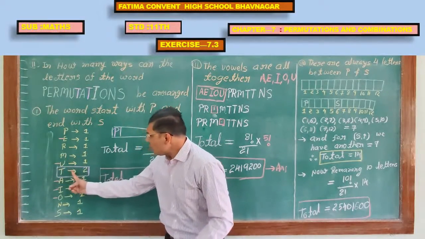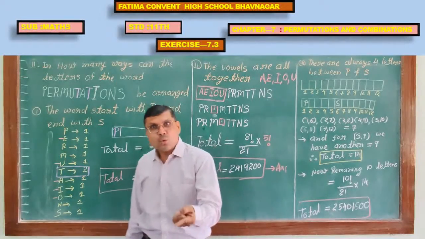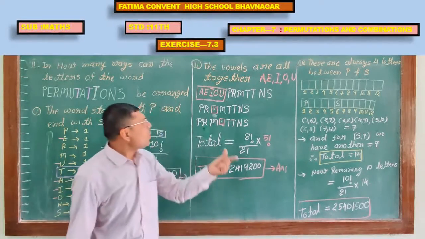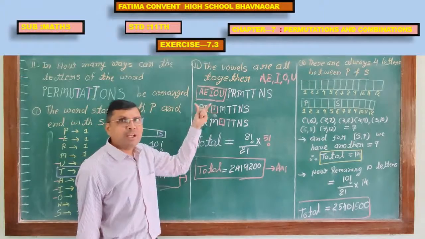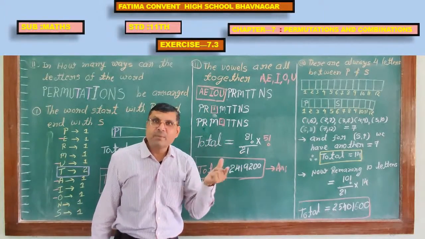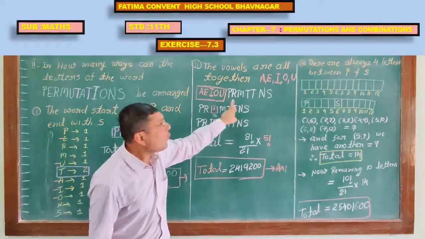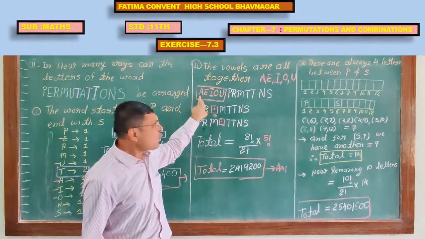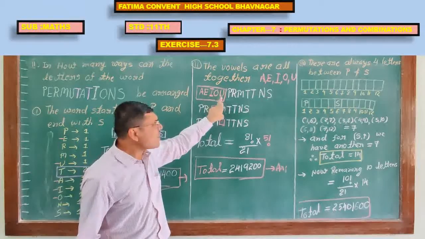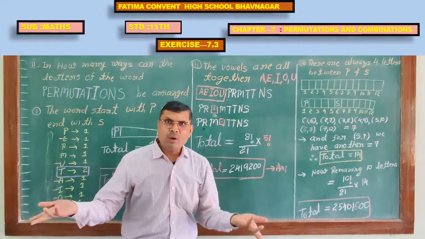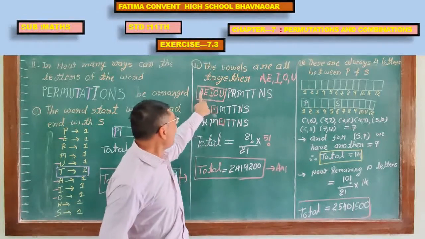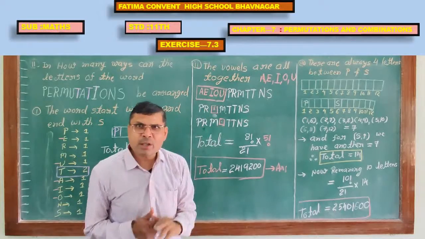I am talking about this P into 5 factorial, because inside the box you can arrange in a 5 factorial way. If A is first and A is last, then the word is different. If A is somewhere over here, then the word is different.